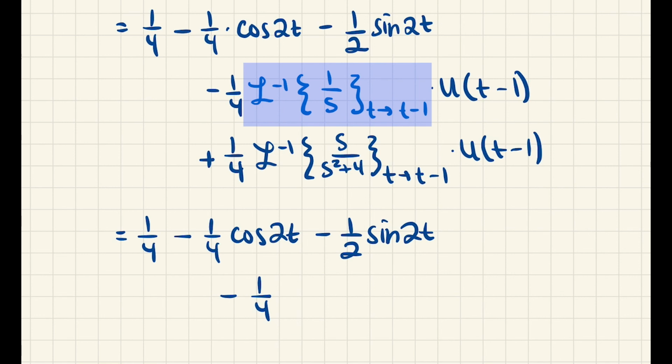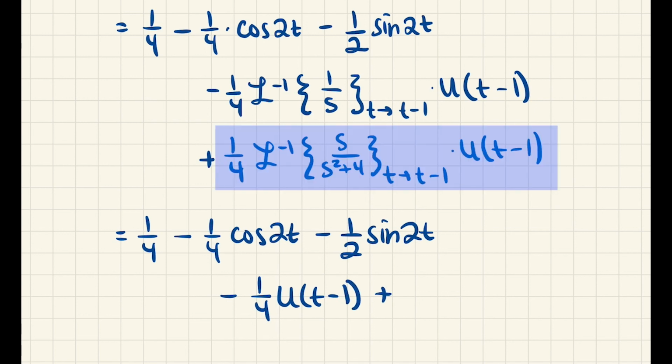So the inverse Laplace of 1 over s is just 1. So now we would replace t with t minus 1 in that, except there's no t in there, so it's fine. In fact, let's just erase that one. And we have our unit step function at t minus 1. And what about this one here?